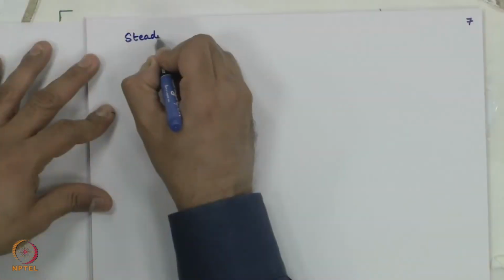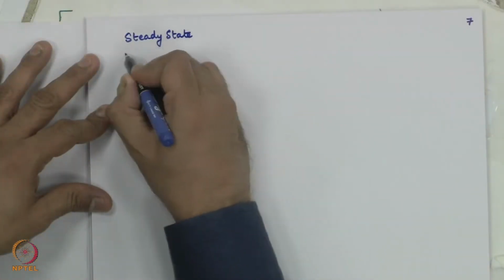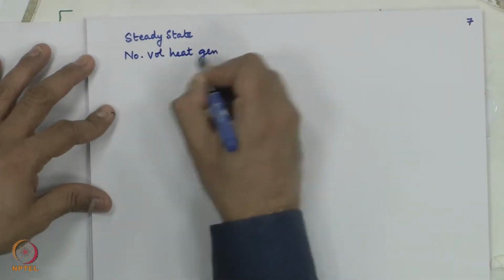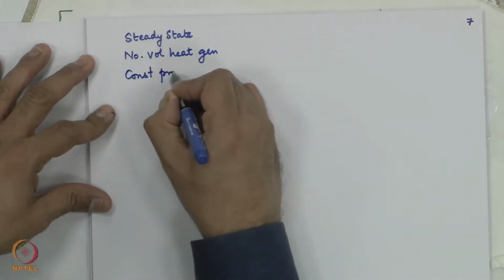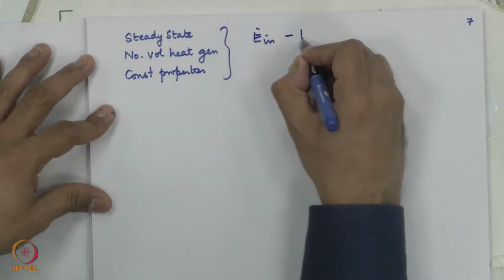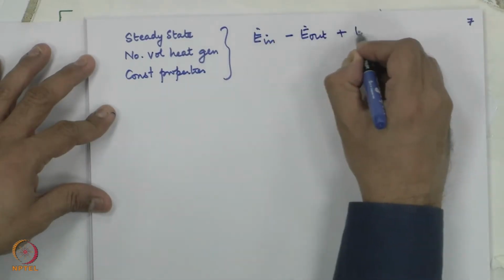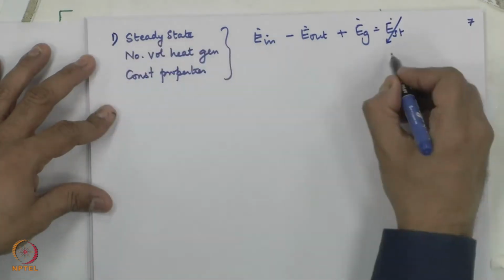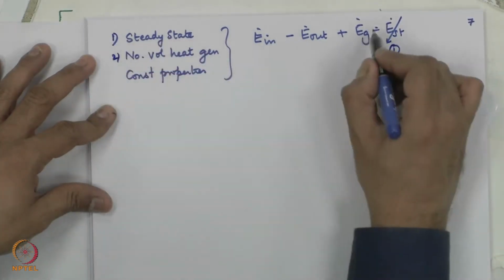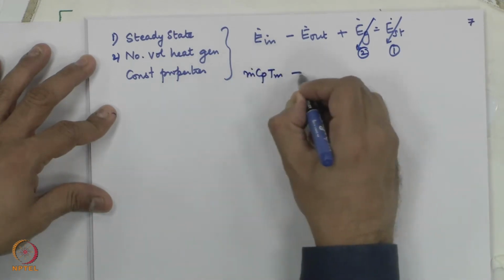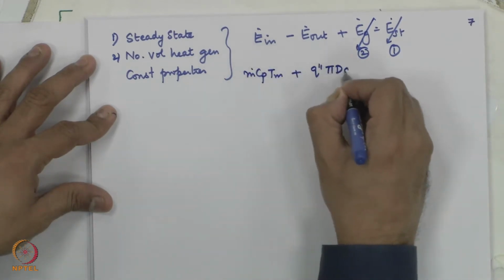So we can write steady state, no heat generation, constant properties. All these assumptions would give me E dot in minus E dot out plus E dot generated equal to E dot stored. This is steady state, so because of 1, because of 2 this goes to 0. E dot in is m dot Cp Tm plus q double prime pi D dz.